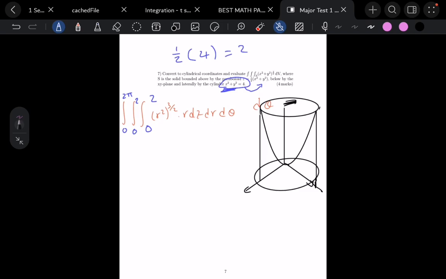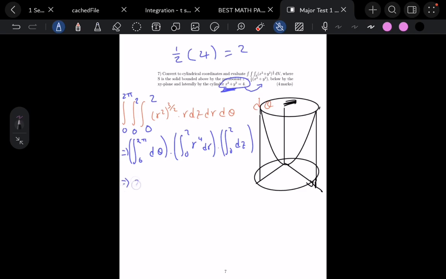I don't understand why people say these things are very difficult, because it's very easy. And again, the integral of 0 to 2 pi d theta times 0 to 2 r to the power 4 dr times 0 to 2 dz.